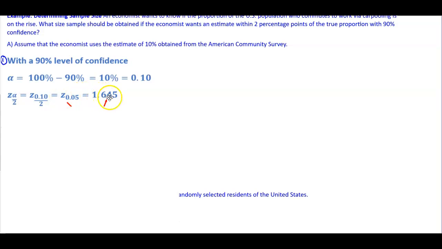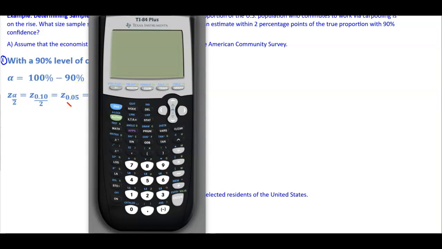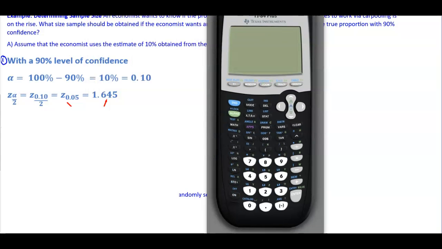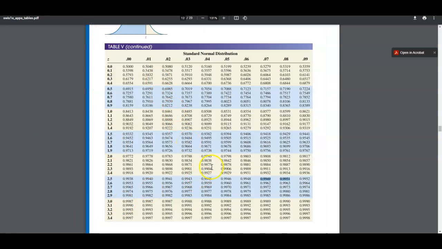Remember, this area, 0.05, is to the right of the critical z value. In order to get 1.645, we want to find the area to the left, which is 1 minus 0.05, and that gives us 0.9500. We look on our table of z-scores for 0.9500.